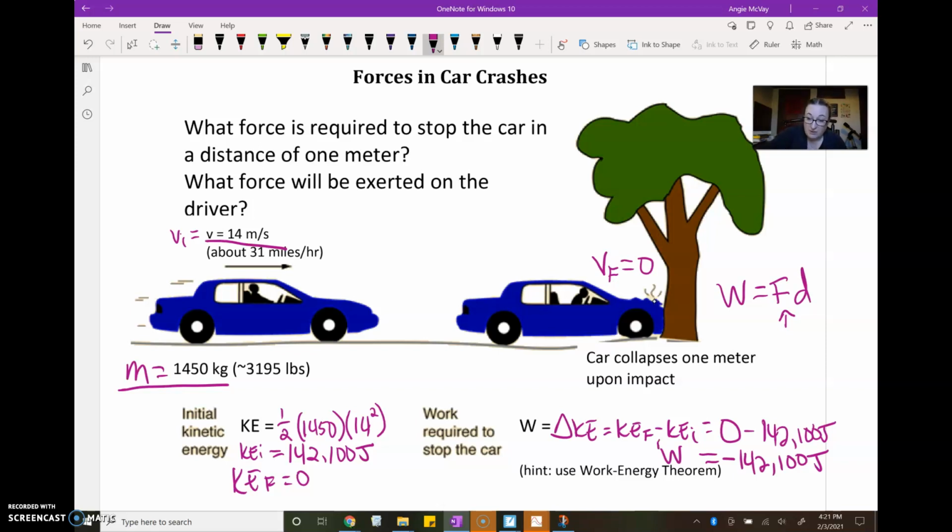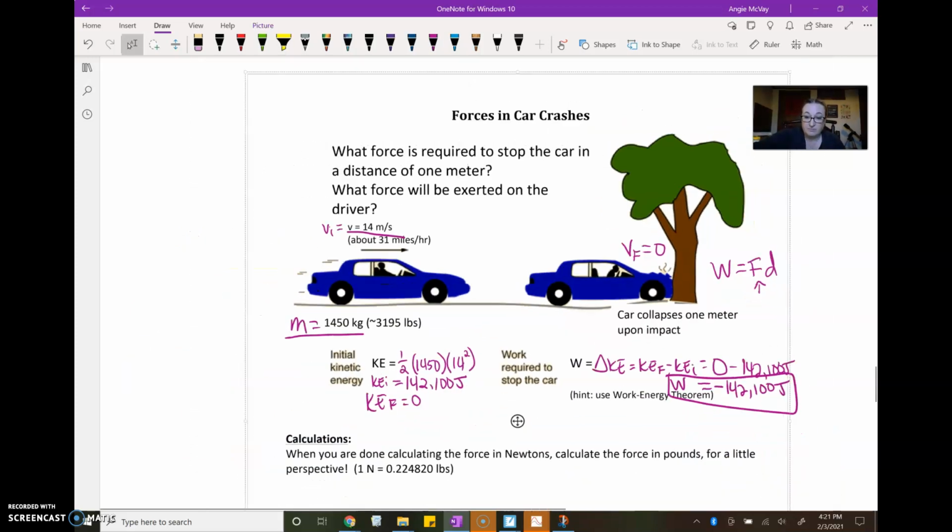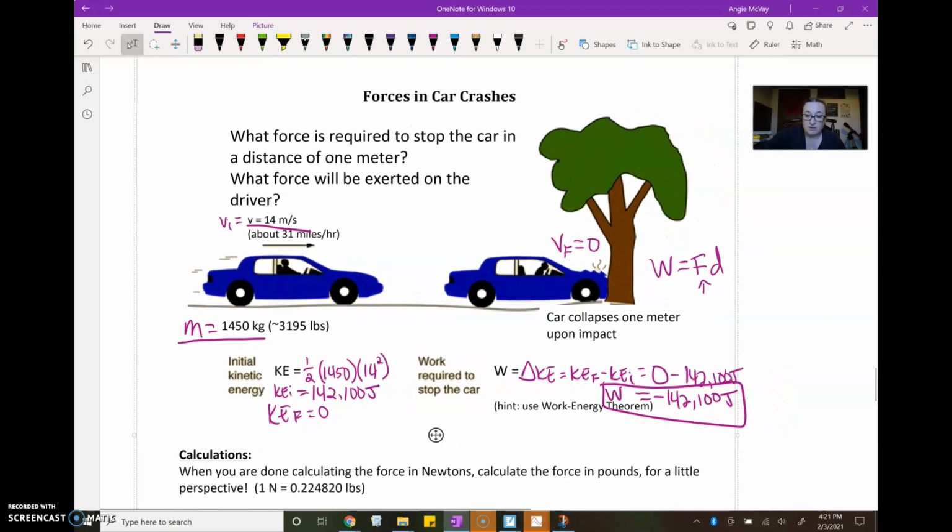So for us to get a work value that's negative, it means the force applied to an object is opposing motion. That force is slowing an object down. We're losing kinetic energy. The force is opposing motion.